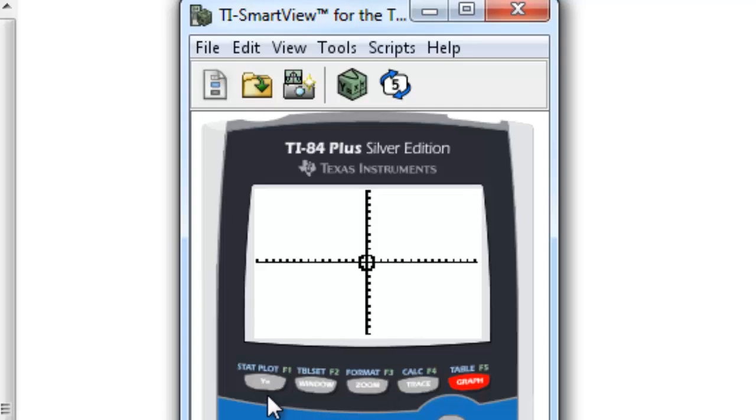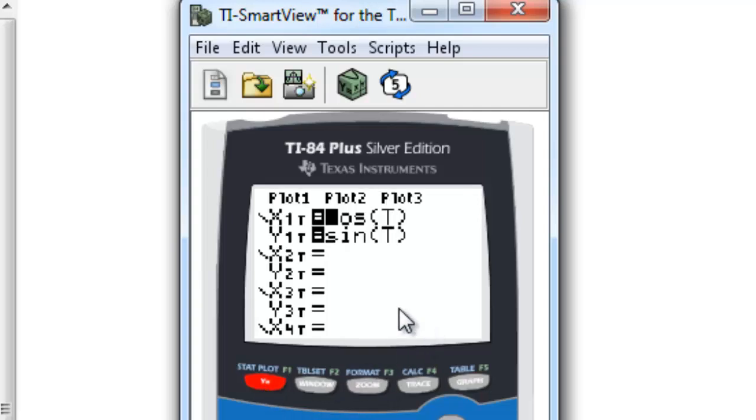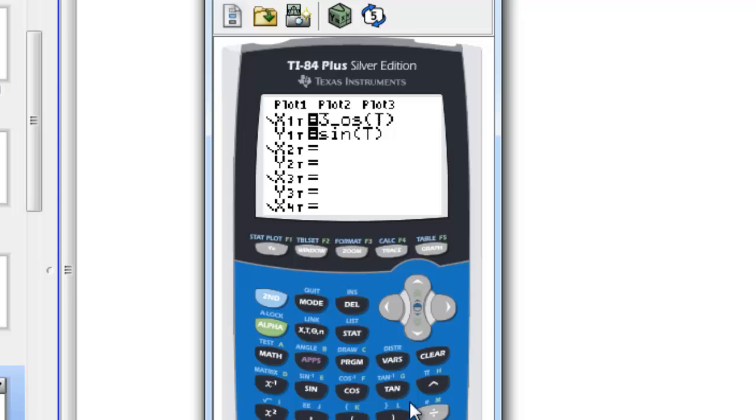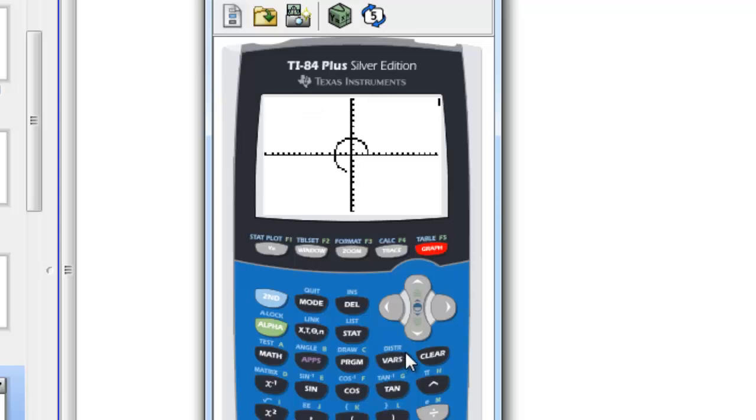Let's play with this graph a little bit. I'm going to insert a coefficient in front of my two equations. Let's try 3 for both. And when I look at my graph now, I can see that my circle has expanded, so now it has a radius of 3.